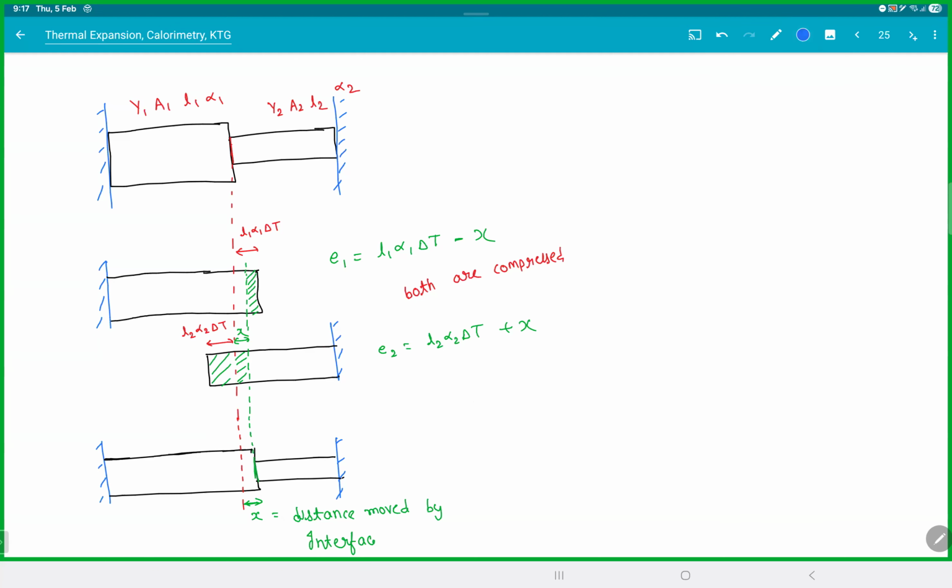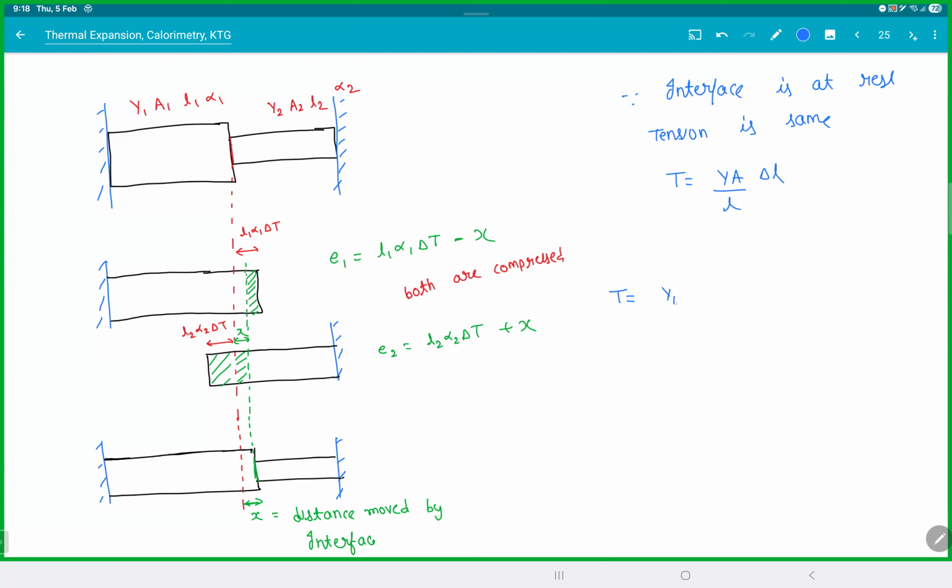Now, since the interface is at rest, there must be an equilibrium. The tension is the same in both the rods. Once you got this, you're done. Then we know the formula for tension is YA by L into delta L. So we can apply this.